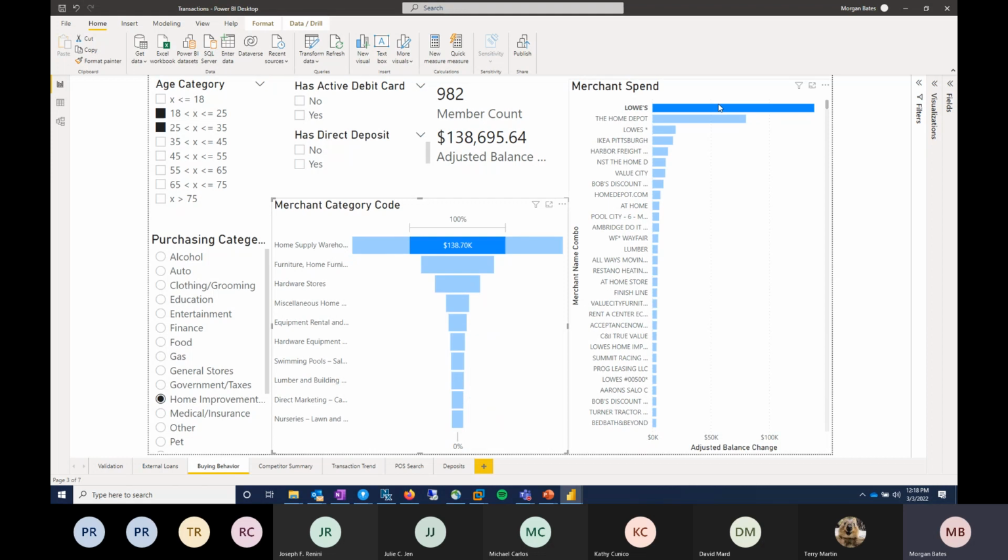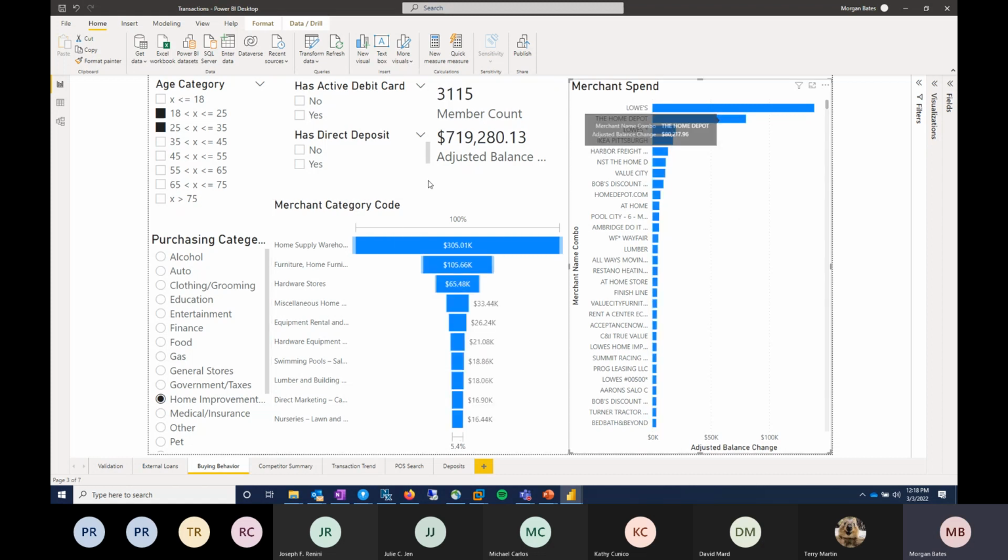I can create a list from this, export that out, and create a campaign around it and say, hey, you just spent $500 at Lowe's. Probably shouldn't tell them you know that. But at a home improvement store, did you know we offer HELOCs as well? So it gives you a different way to target a group based upon their point of sale behavior, and not just, once again, blanketing everyone in your membership, right?